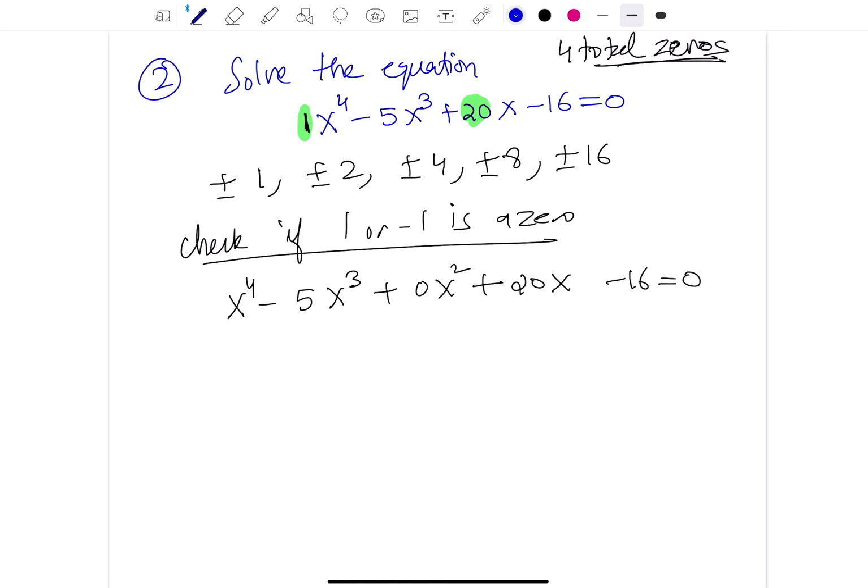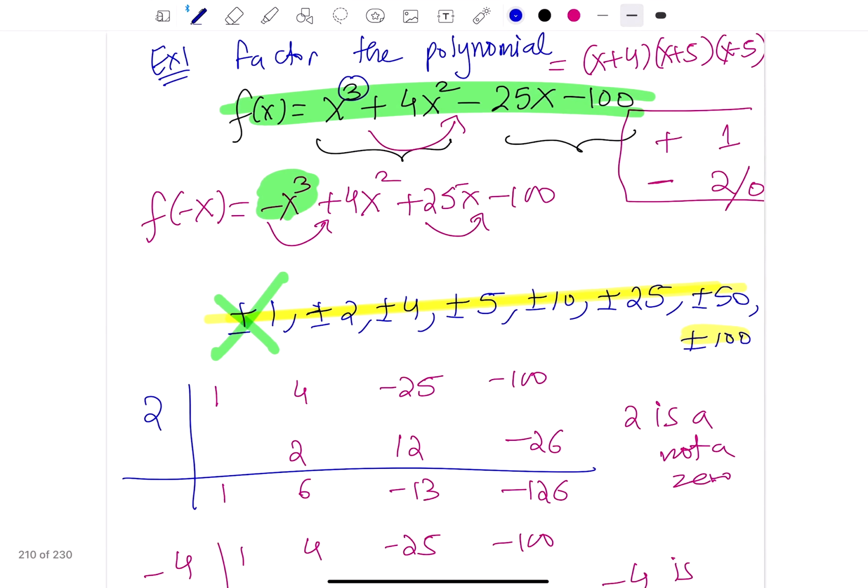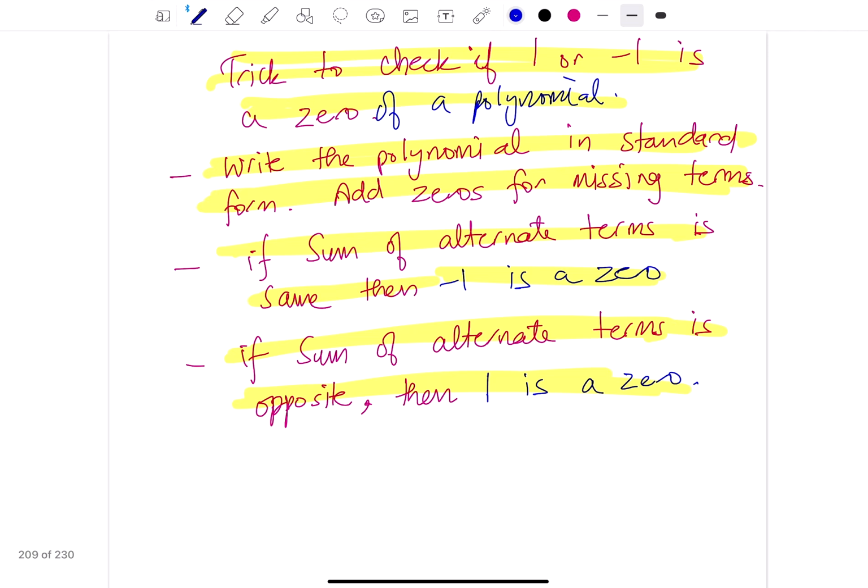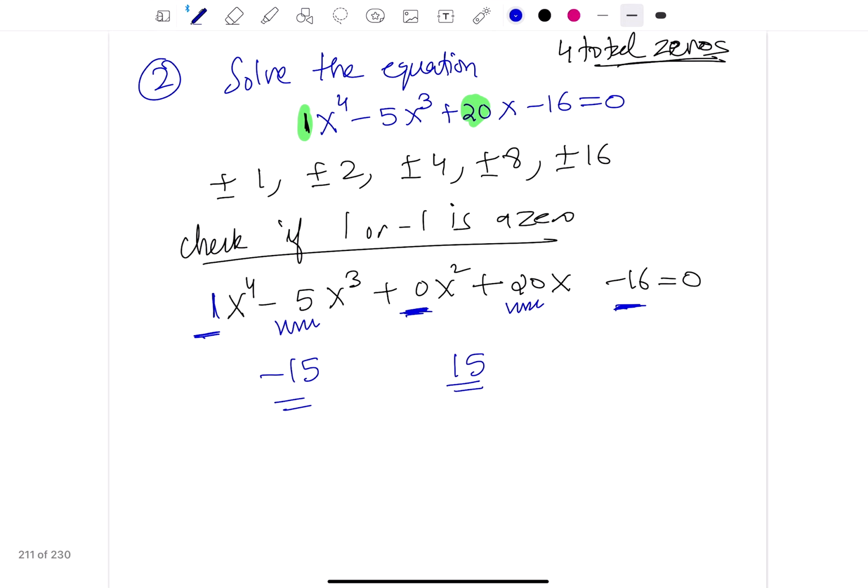So sum of the alternate terms, 1, 0, negative 16. 1 plus 0 minus 16 gives me a negative 15. Negative 5 plus 20 gives me a positive 15. So notice if alternate terms add up to opposite numbers, then 1 is going to be a zero. So that's easy. I can see 1 is a zero in this case.